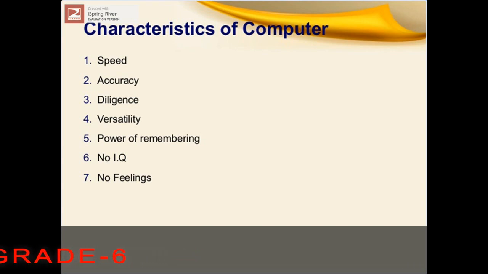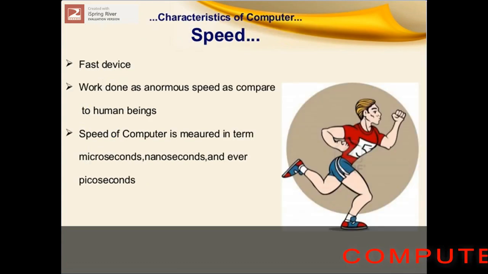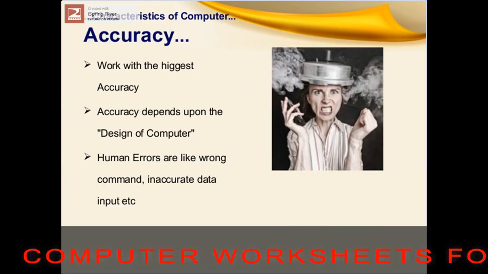Now, the characteristics of computer: speed, accuracy, diligence, versatility, but it also has limitations of no IQ level and no feelings. It works at very high speed as compared to human beings, and the speed of the computer is measured in terminology of microseconds or nanoseconds. Next is accuracy.